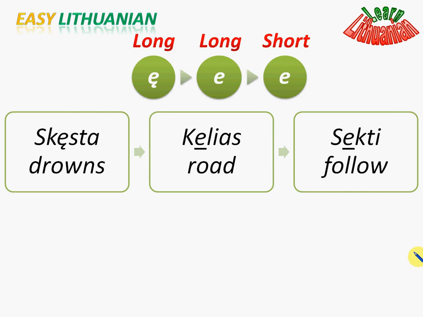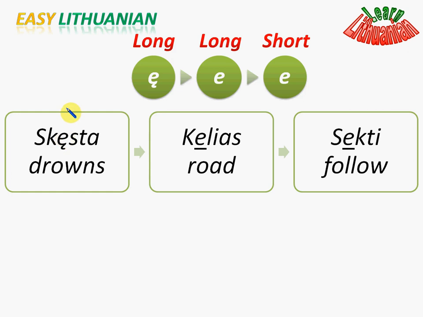Now the simple a and e. The long vowel nosinė. Skęsta, drowns. This is the same as the word ąžuolas. In the old times, people said skansta, and the consonant disappeared, the vowel lengthened, and it is now written with nosinė.